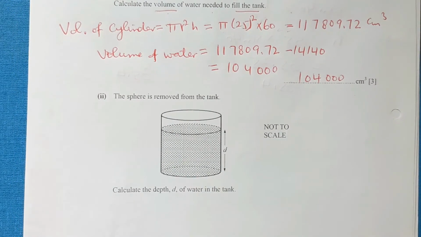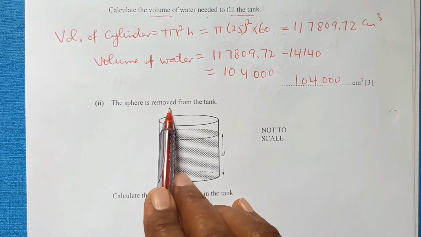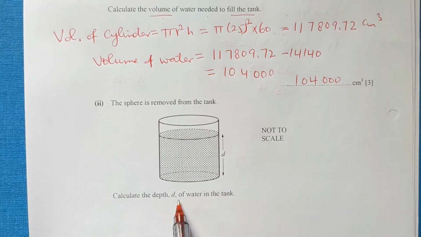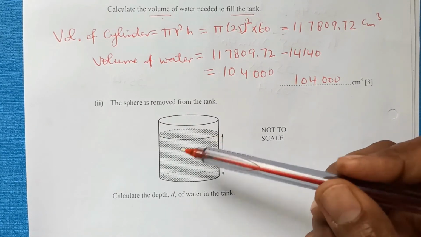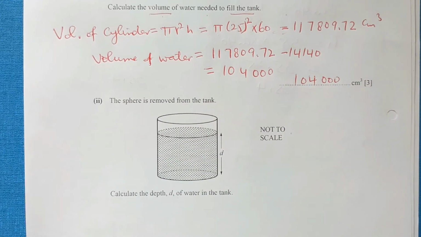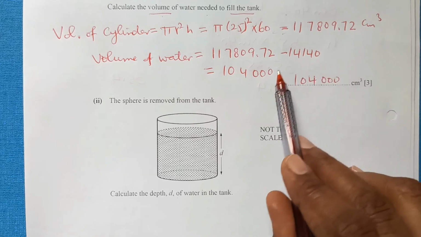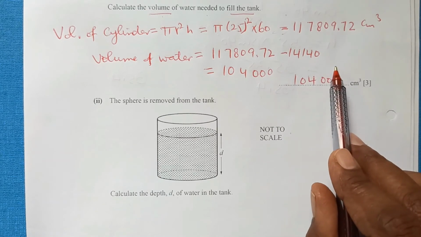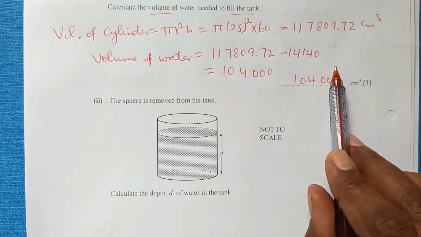Now the sphere is removed. Sphere is removed from the tank. Calculate the depth d. So when you remove the sphere, the level of water will go down. So whatever you have calculated here, this is the volume of the water.